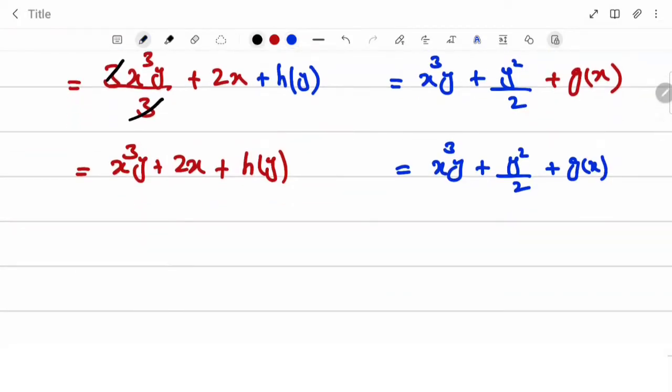Now we just need to write the solution of the equation. Just observe, this term is the same. Write the same terms, x cubed y, then write 2x plus y squared by 2, and write it equal to c. That's it. That's the solution.